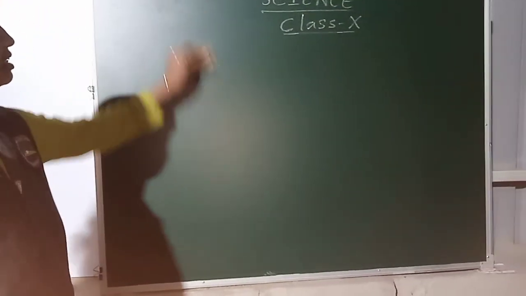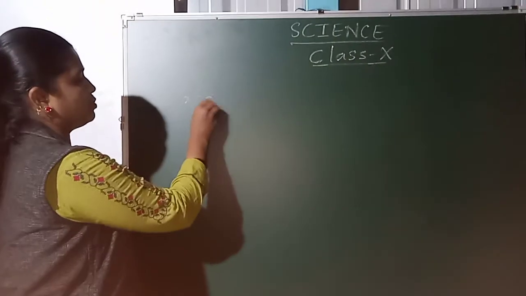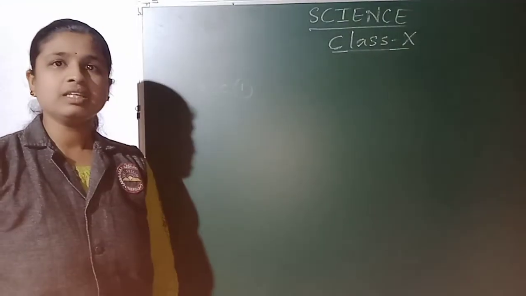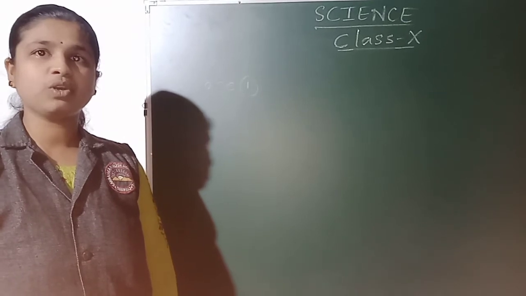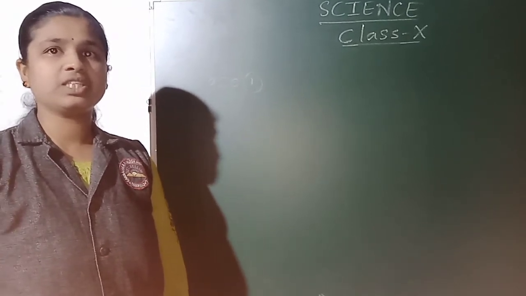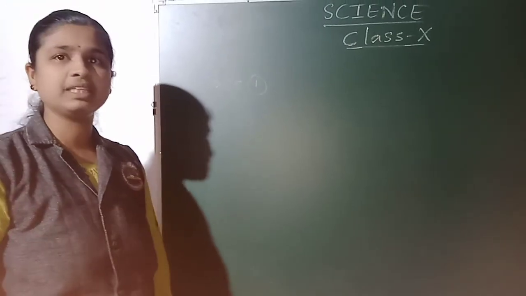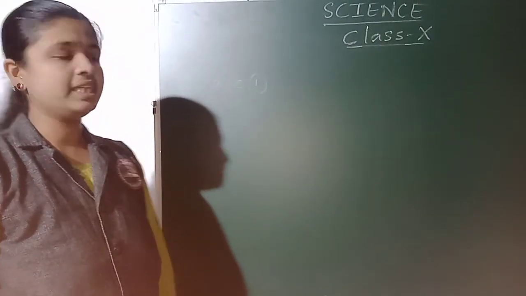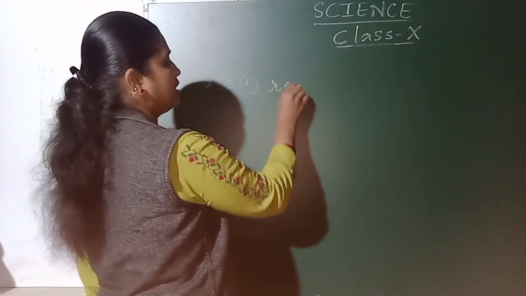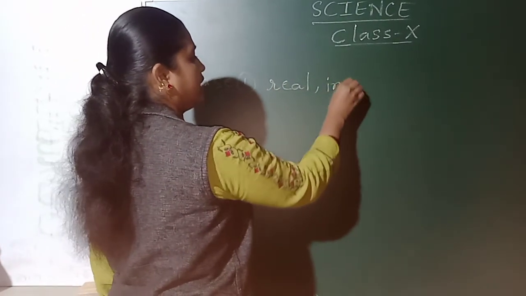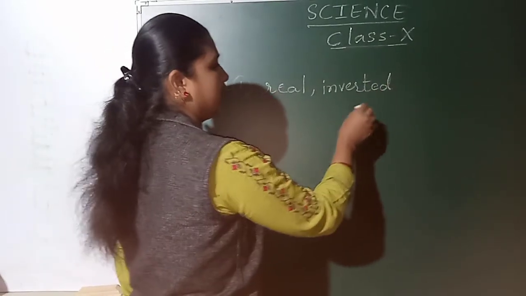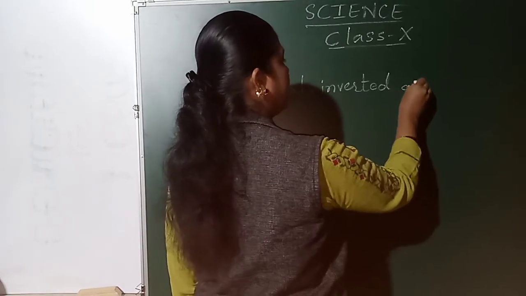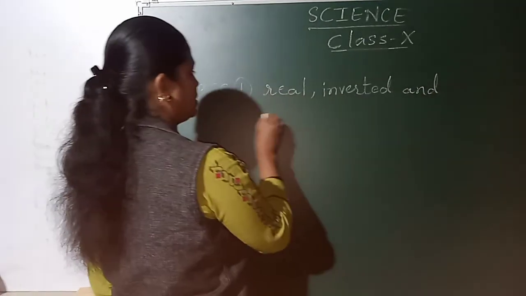Take it as case 1. When you see your face in the curved surface of the spoon, you will find that the image is real, inverted and diminished.